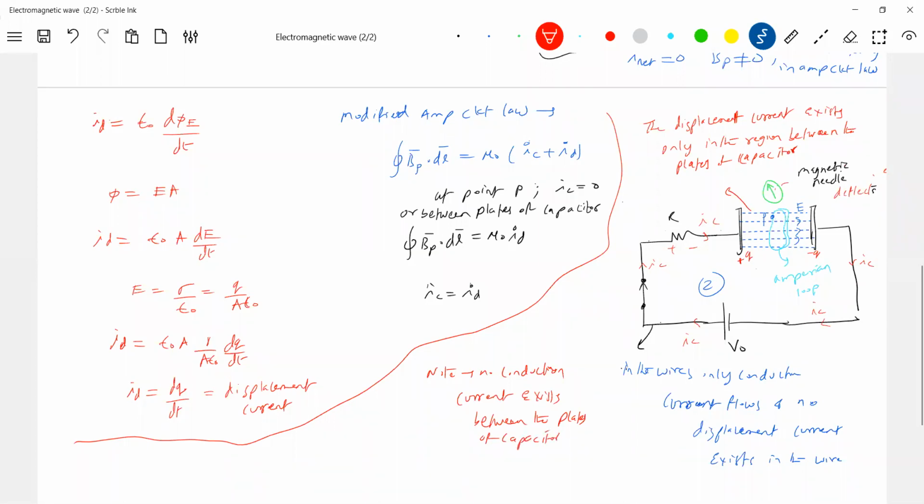And in turn, what point? Displacement current is equal to conduction current. Already I have shown this. Both are equal to what? dq by dt.